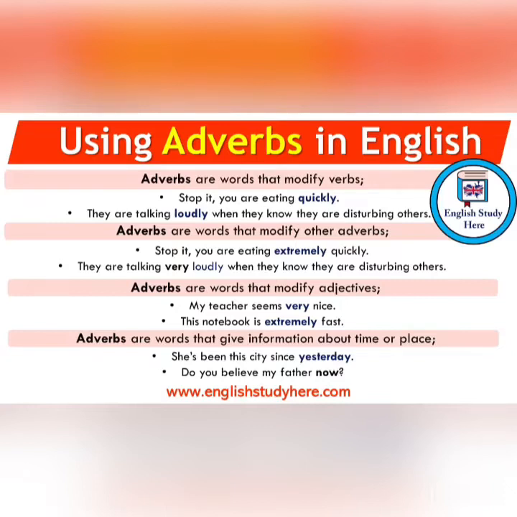So the word extremely is telling that the person is eating very quickly. So it is adding more to the other adverb quickly, right? So extremely is giving more meaning to the word quickly. So extremely is the adverb here, which is modifying the other adverb, that is quickly.